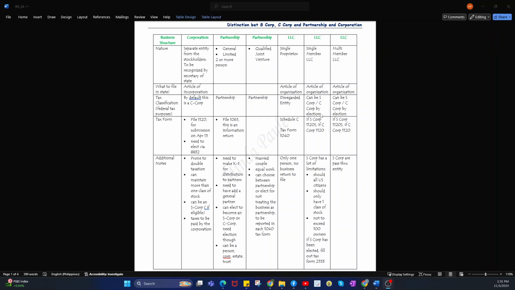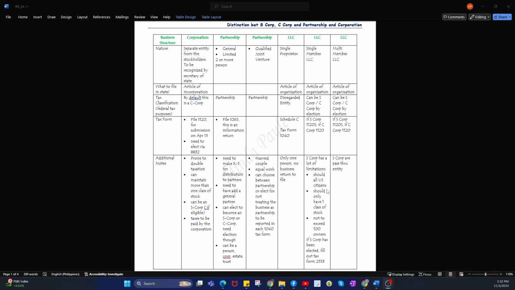Please note that S Corp and partnership file 1120S and 1065; these are pass-through tax forms which are merely informational returns.